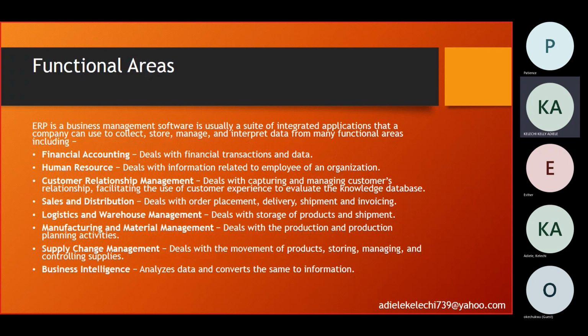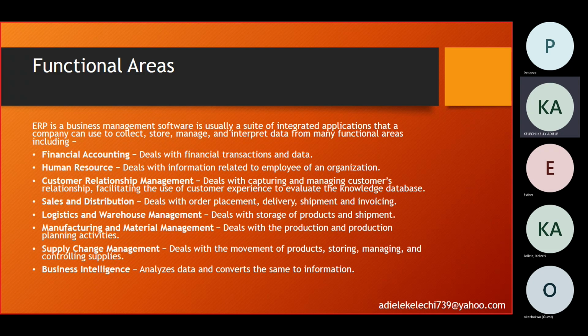So let's look at some of the functional areas within the ERP. You have finance, which is the core foundation. You have HR, which is human capital development, which is HCM, which is SuccessFactors in SAP. You have customer relationship management, CRM.